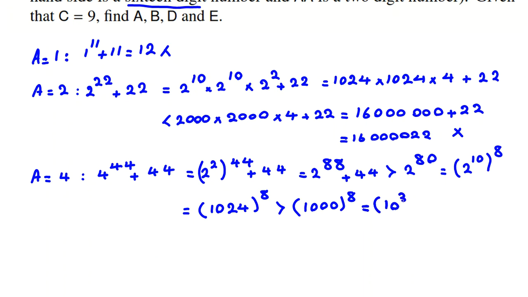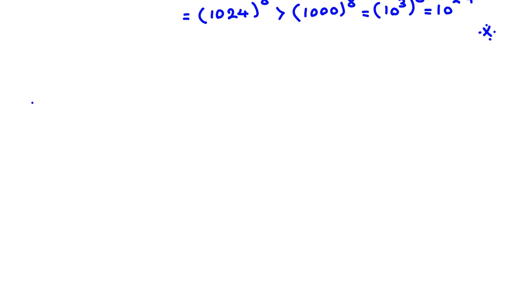So it will be 10 cubed to the power of 8, so it will be 10 to the 24. So our number is greater than 10 to the 24. 10 to the 24 has how many digits? 25 digits. So our number has at least 25 digits, and that's a contradiction because it has 16 digits. So we conclude that A is 3. Okay.